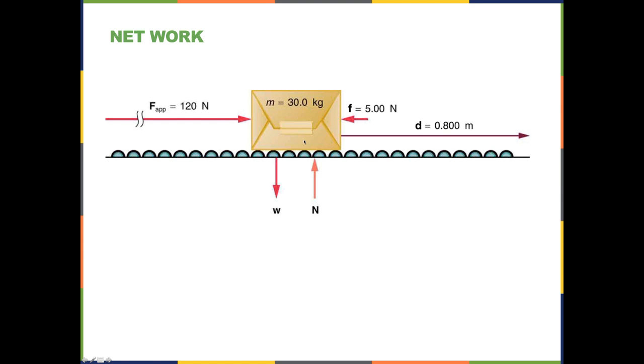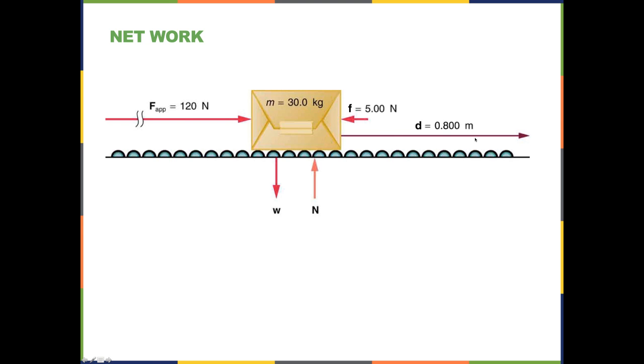However, you can also use the mass and the acceleration to do the same kind of calculation. And let me show you. And also, there's a way of calculating the net work by looking at the mass and any change in velocity that occurs. Because this applied force minus the friction force should result in a change in velocity, or an acceleration.